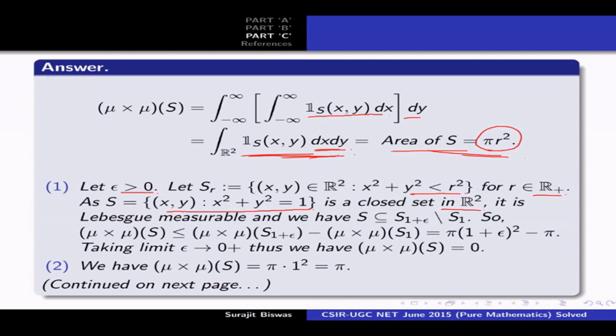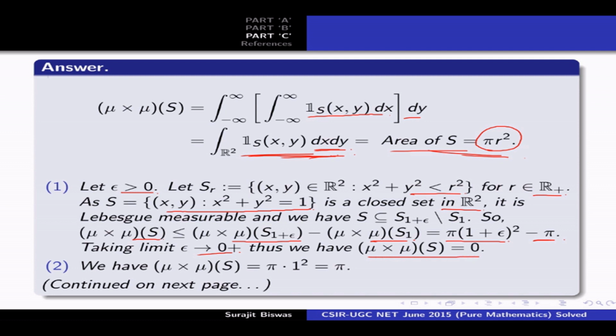So (mu cross mu)(S) is less than or equal to (mu cross mu)(S_(1+epsilon)) minus (mu cross mu)(S_1), and the measure of this quantity is pi(1+epsilon) square minus pi. We can take the limit as epsilon tends to 0 plus, and this will give us (mu cross mu)(S) equal to 0.